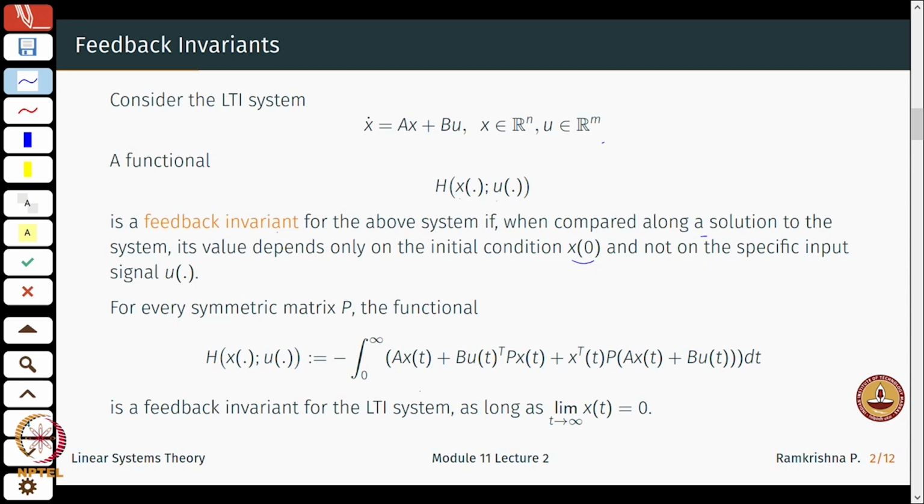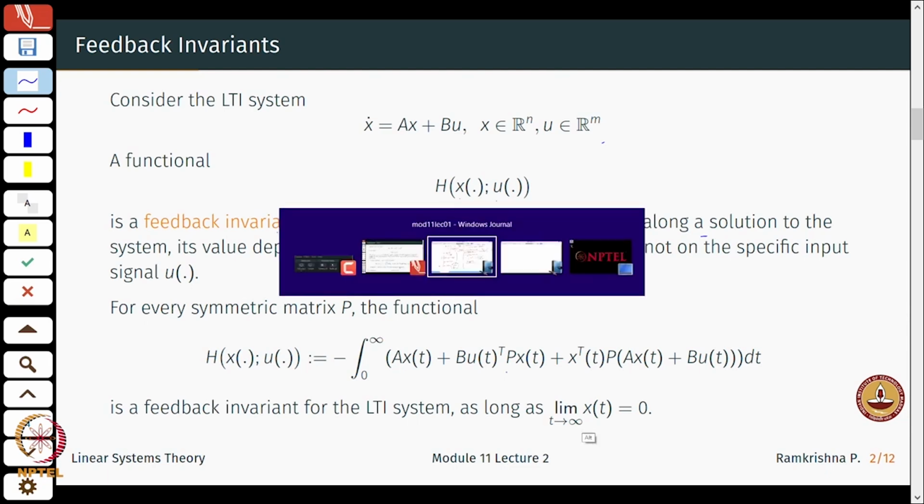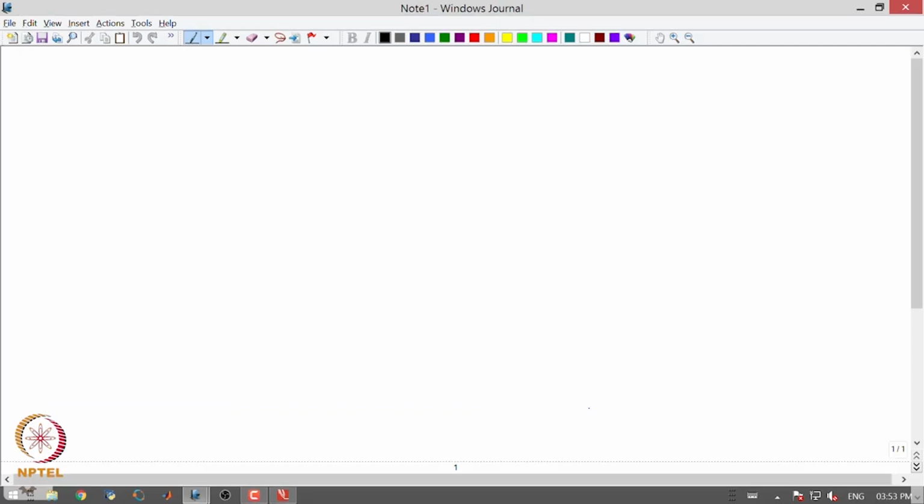For example, for every symmetric matrix P, this particular functional is a feedback invariant for the LTI system as long as the system is asymptotically stable, in other words, limit t tends to infinity, x of t goes to 0. We will do a little proof of this.